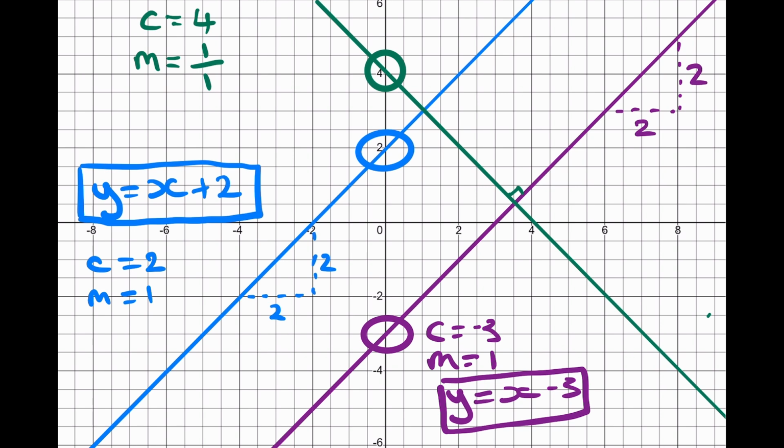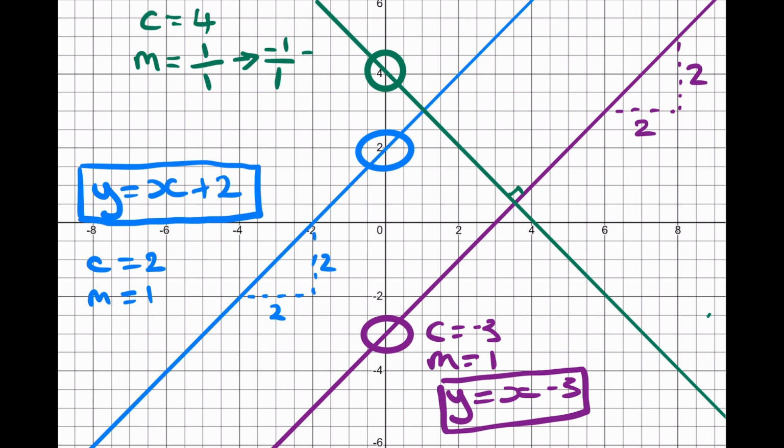Now when you want to find a perpendicular line, and this is maybe not the best example to start with, what you want to do is make the reciprocal of the fraction, and make it the negative version. Ours was positive 1, which is 1 divided by 1. So we change that to negative and make it the reciprocal. Reciprocal just means turn it upside down. So now we end up with -1 over 1.